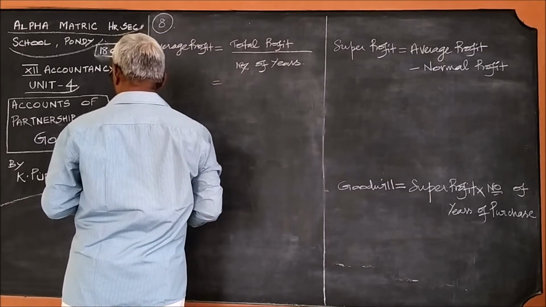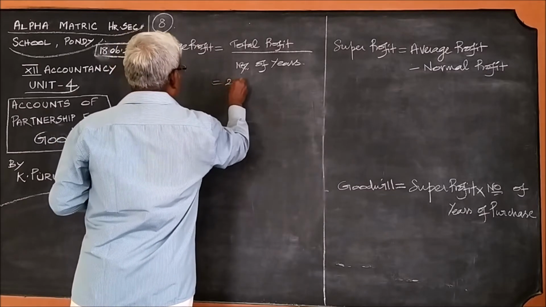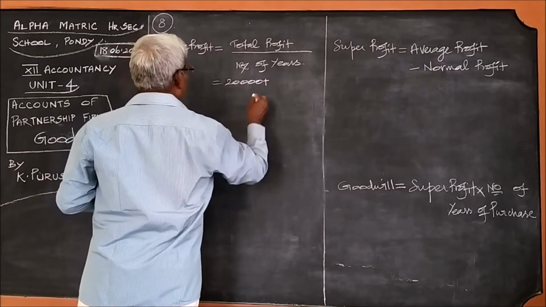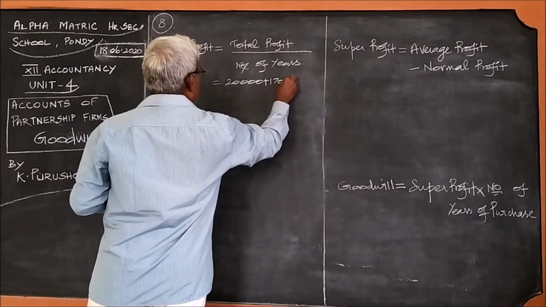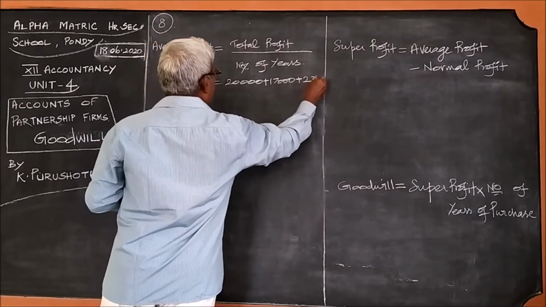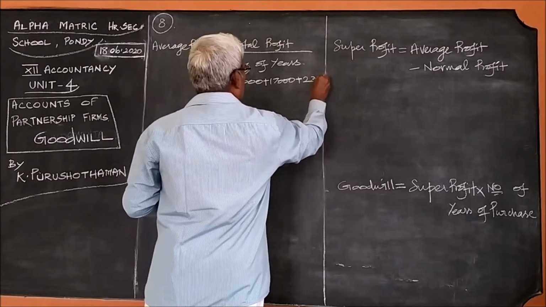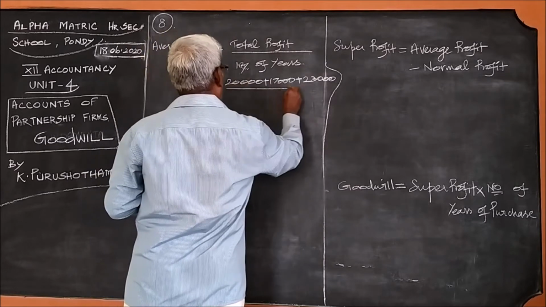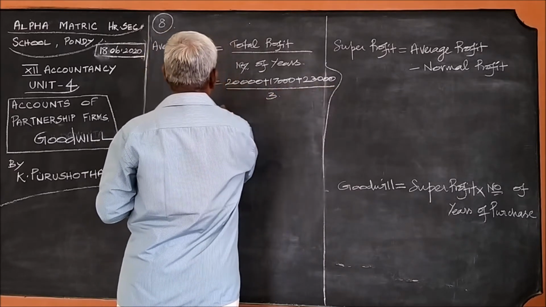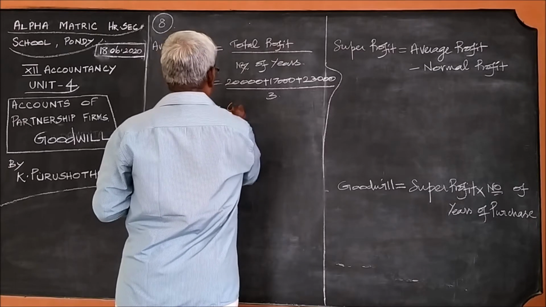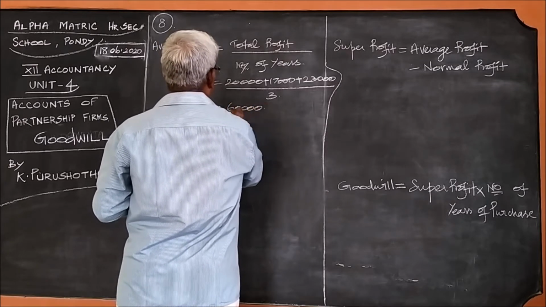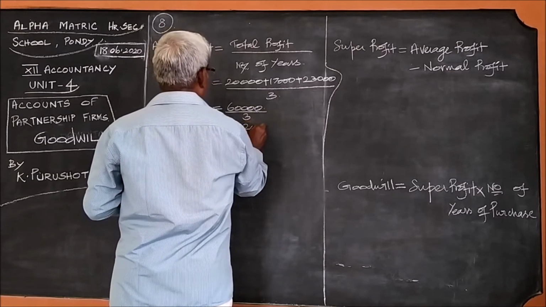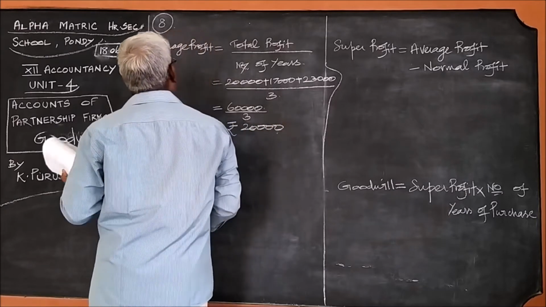Total profit is 20,000 plus 17,000 plus 23,000, whole divided by 3, that is equal to 60,000 by 3, which is equal to 20,000. This is the average profit.